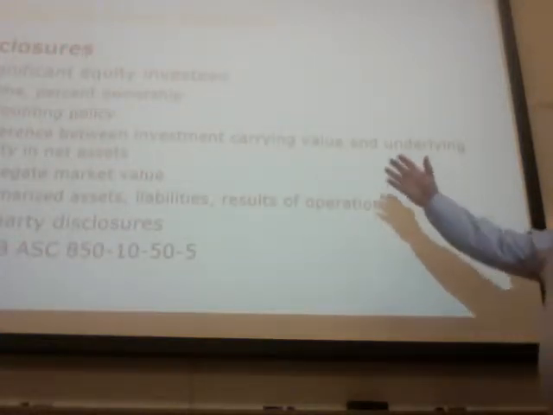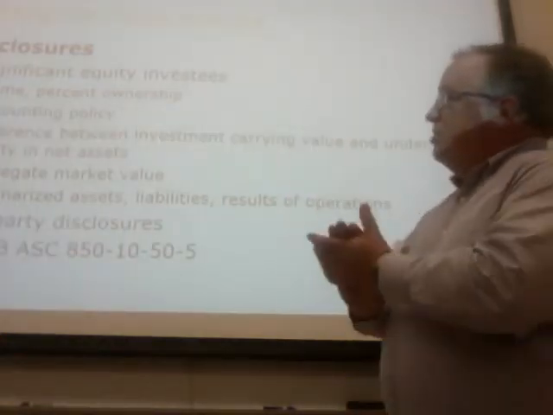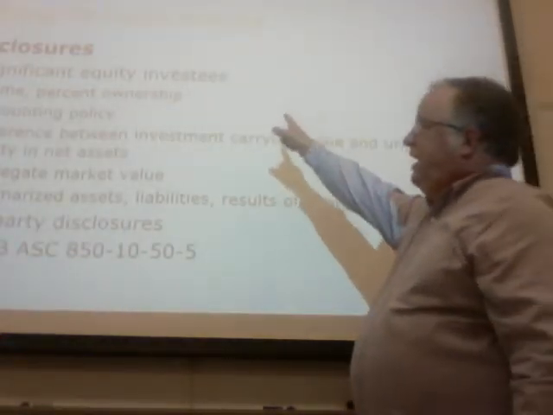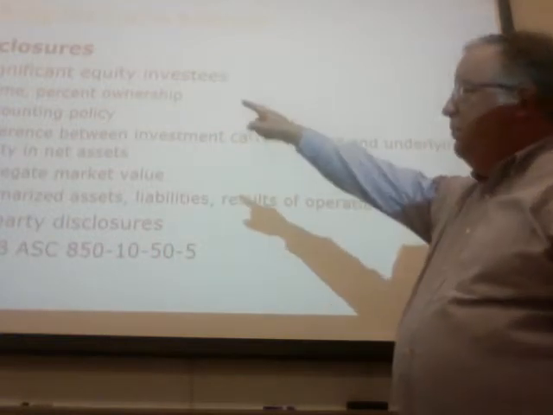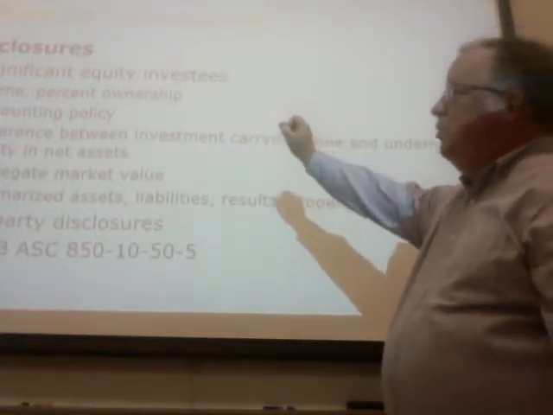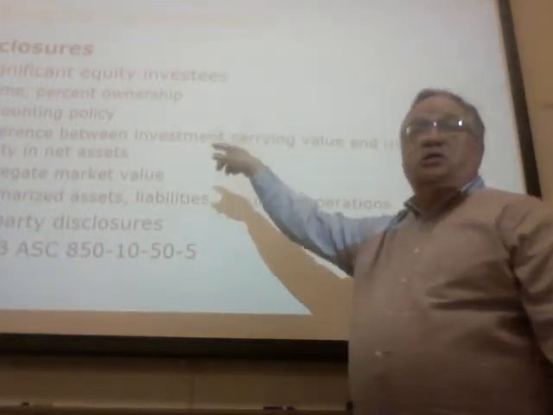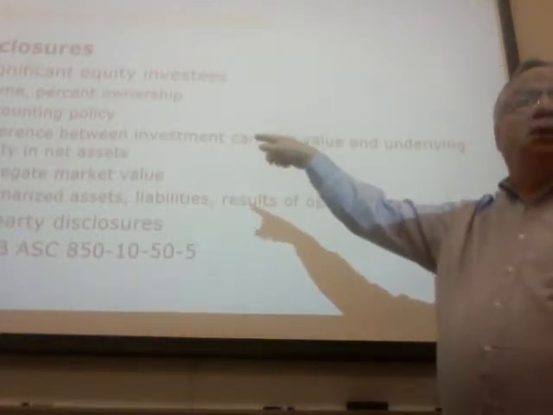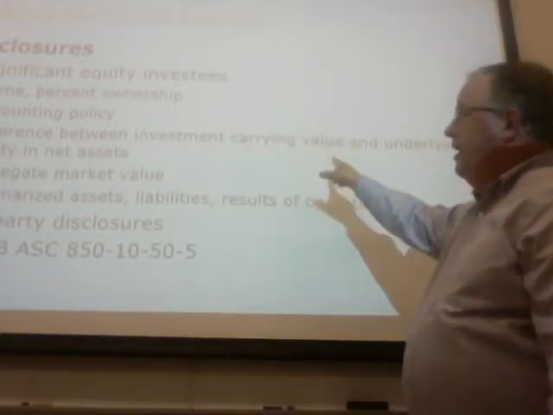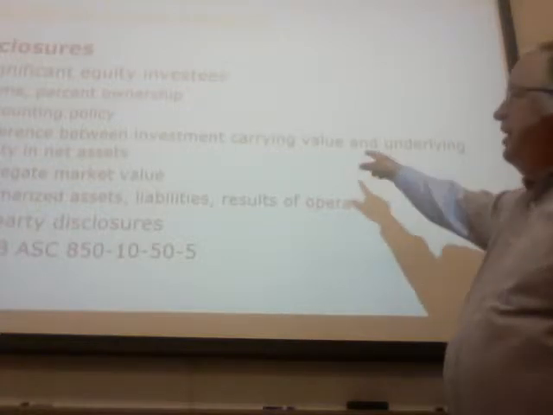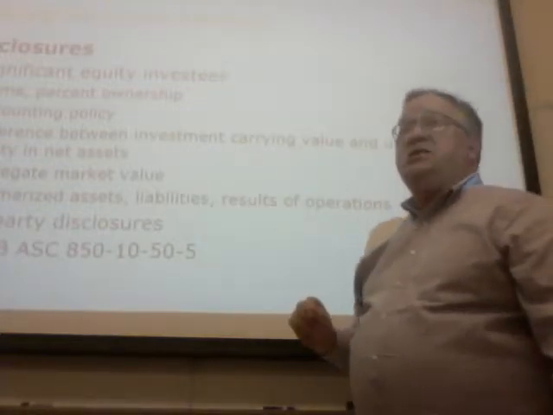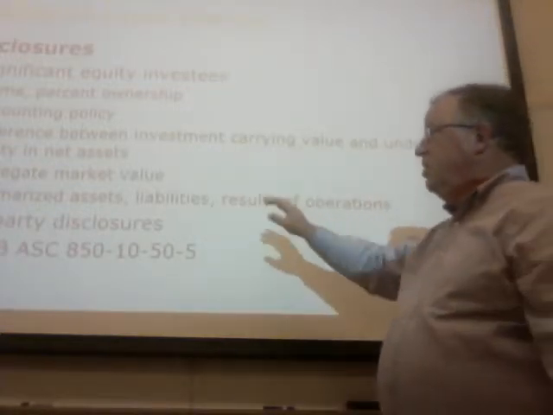Okay. In applying the equity method, our disclosures in our financial statements for significant equity investees include the name of the company, obviously the percentage that we own, and our accounting policy, so we say very clearly we account for it using the equity method. The difference between the investment carrying value and underlying equity in net assets, so we'll disclose what some of those differences are.